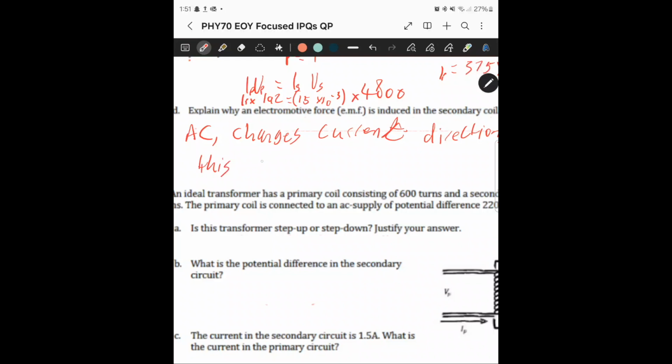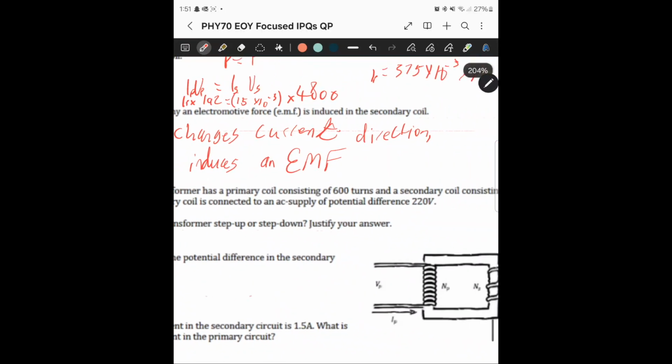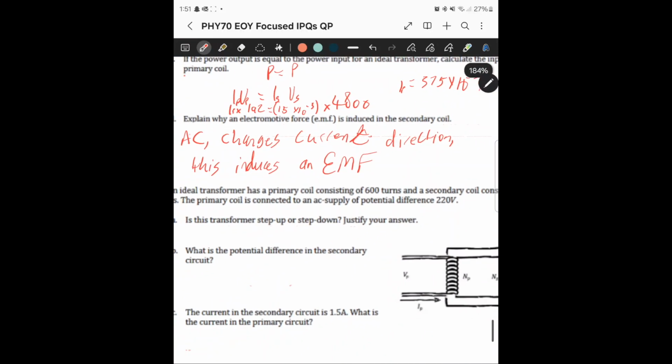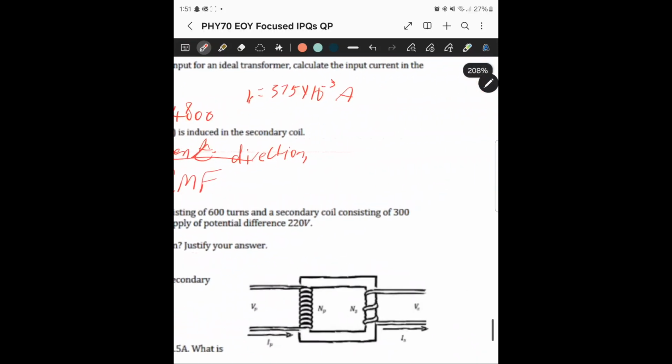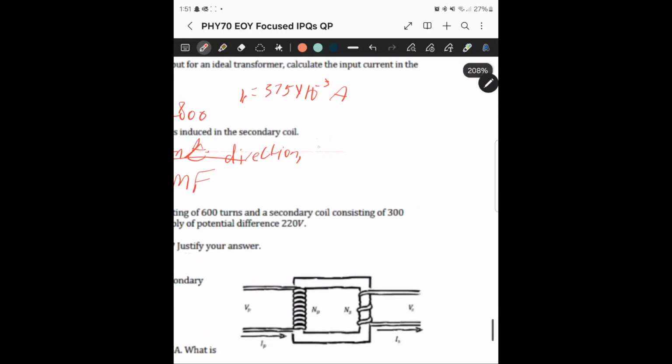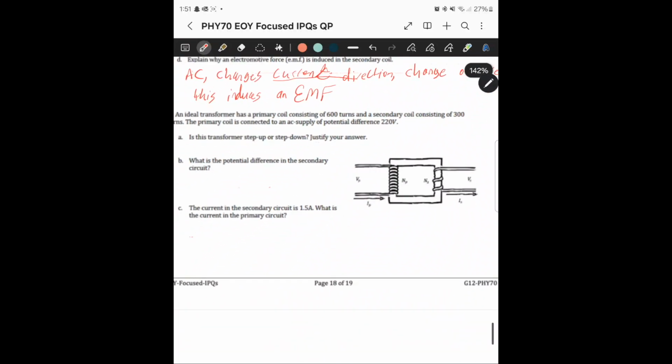This induces EMF, which will create a current. Yes, changing the current direction is important because that means the field is changing. I should probably say that. Changing the current direction means change of field. That is the reason, because of this change of the field.